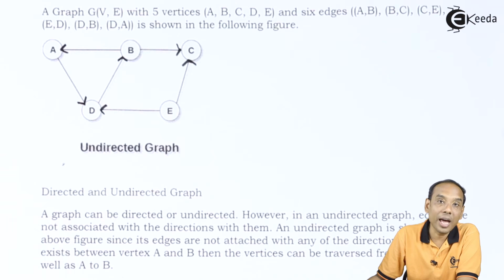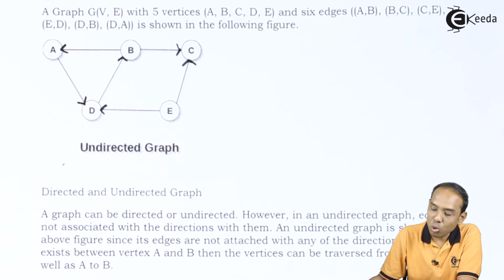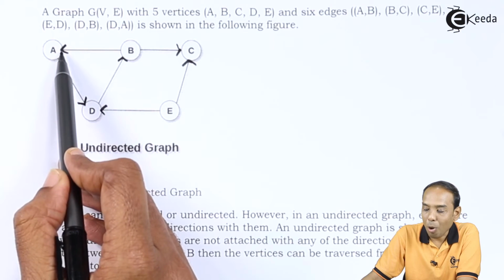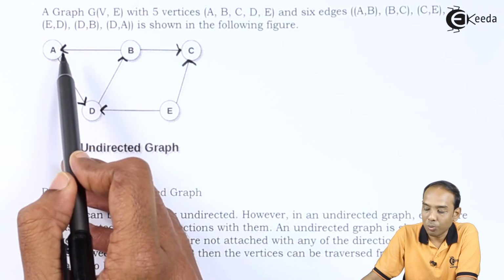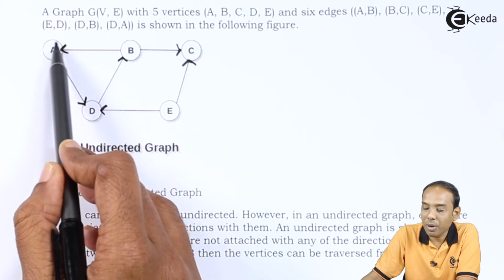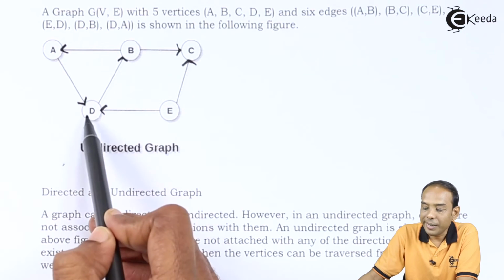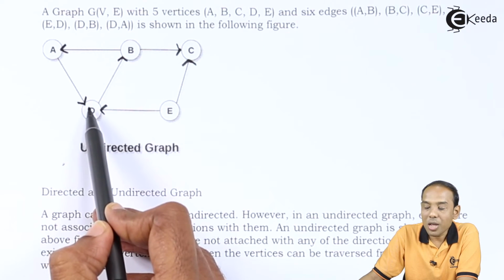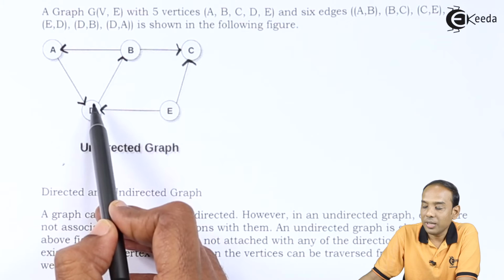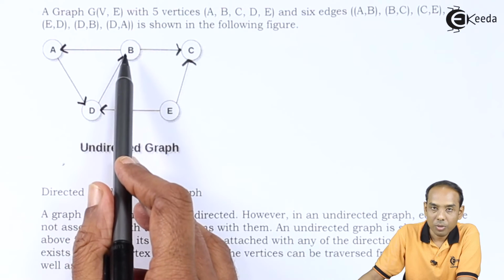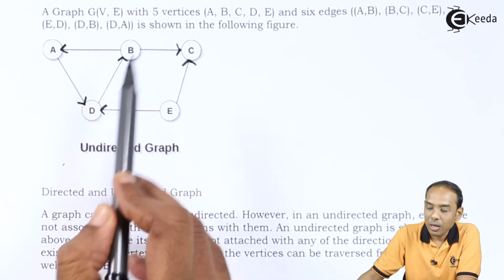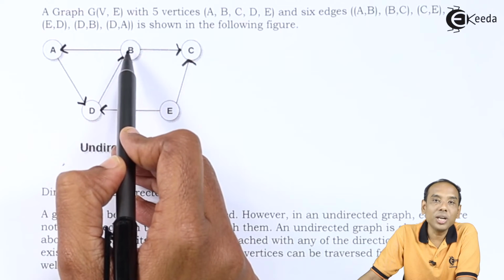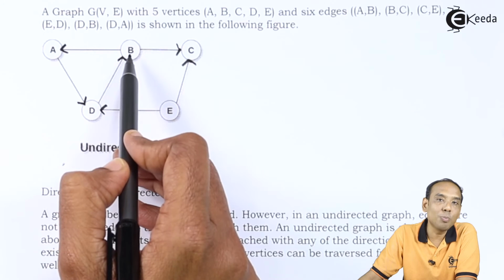Let us look at how we can travel. If we want to travel from A coming back to A, what are the possibilities? First, I will start with the vertex A. Then I move to D. After coming to D, there is only one outgoing direction, that is from D to B. So I take the path D to B. Once I come to B, I need to reach A. What are the two output directions?